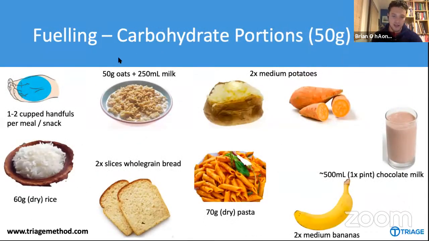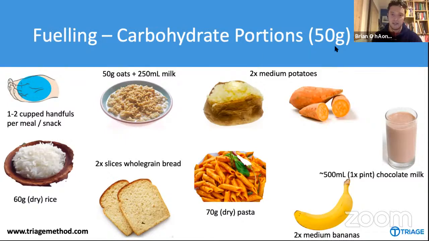So this is just an infographic to give you an idea of carbohydrate portioning. You can see up here, 1 to 2 cupped handfuls of any of these cooked carbohydrates per meal or snack is going to be pretty good in terms of estimating portions, to give you a gauge to start with.